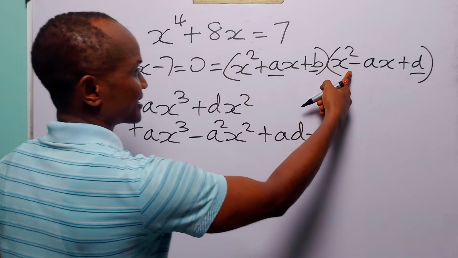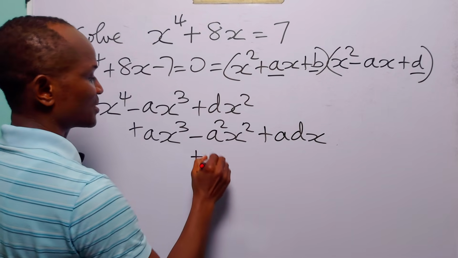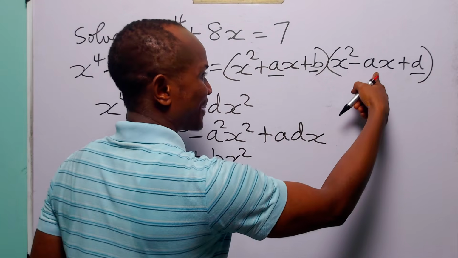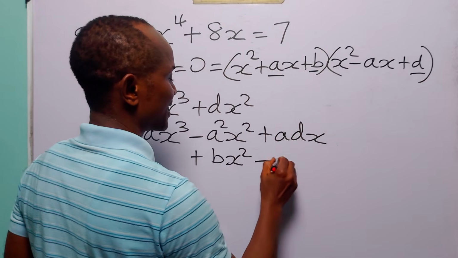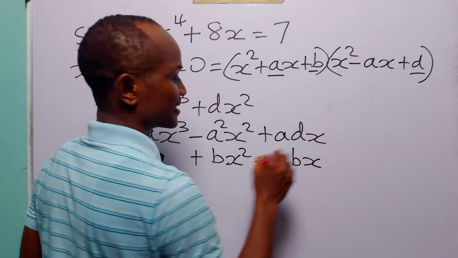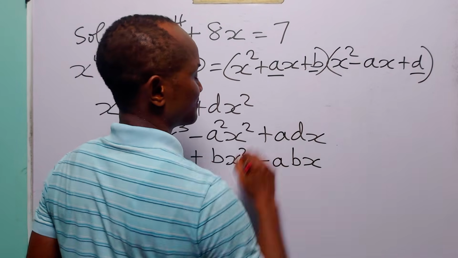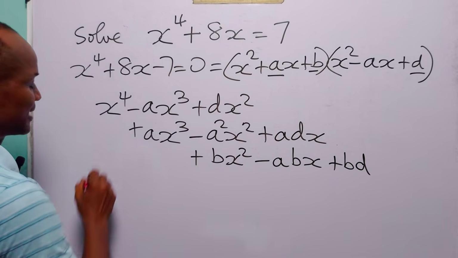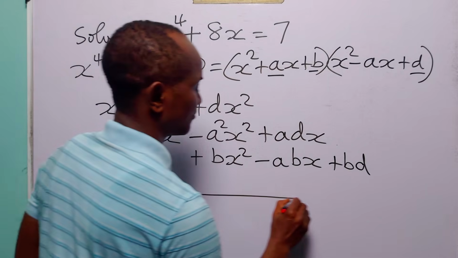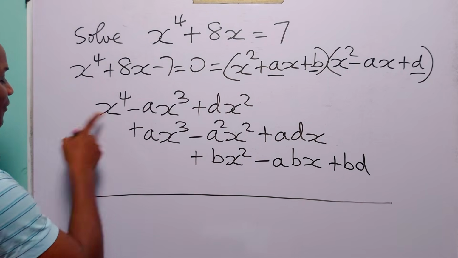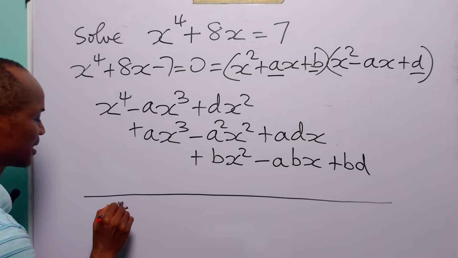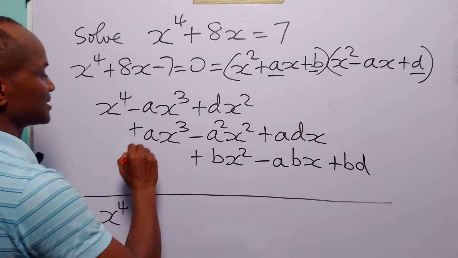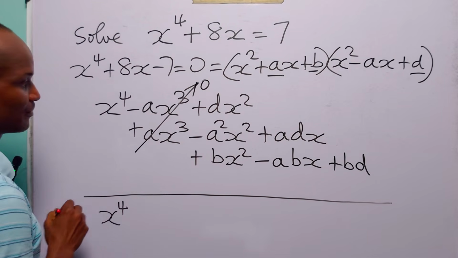Now, b times x squared is going to give us plus bx squared. B times minus ax is going to give us minus abx. And finally, b times d is going to give us bd. Now, let us add. Of course, we have x raised to power 4. Now, you know that this plus this is equal to 0.